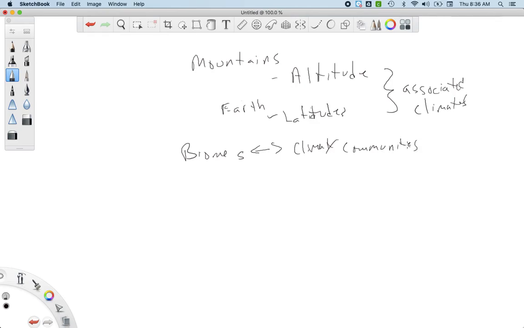If we start at the North Pole, we would get tundra. Sorry, I skipped one. We would get boreal forest, which is also called taiga.